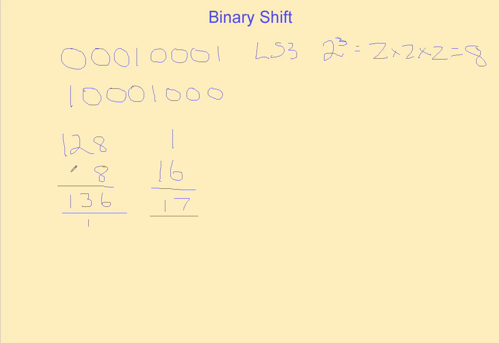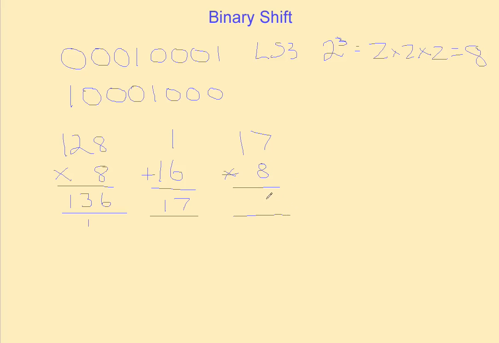We've said that the multiplication will be by 8. So let's have a look at this. 17 times 8. You get 17 multiplied by 8.